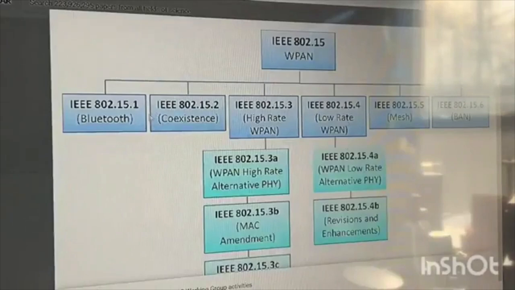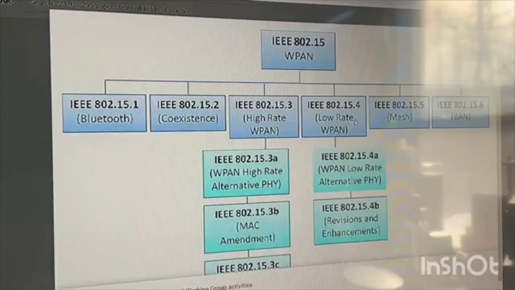Your Bluetooth was one of the first ones they got started with when biosensors went commercial in 2005. Coexistence with other networks. High rate wireless personal area network. And then your intra-body area networking.